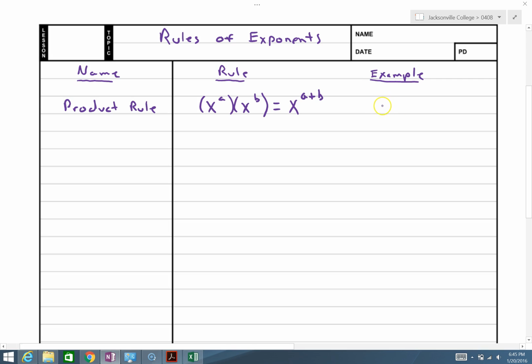An example of the product rule: if you have x to the third times x to the fourth, that's going to equal x to the 7th power.